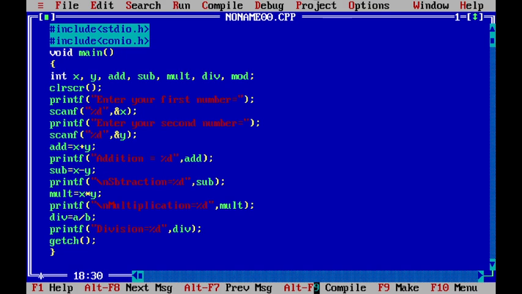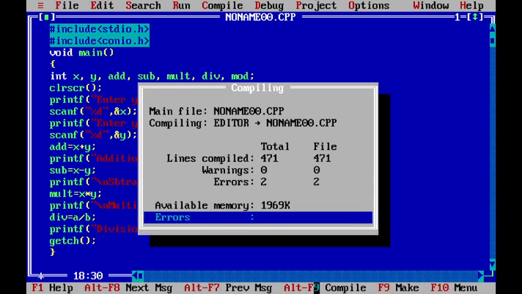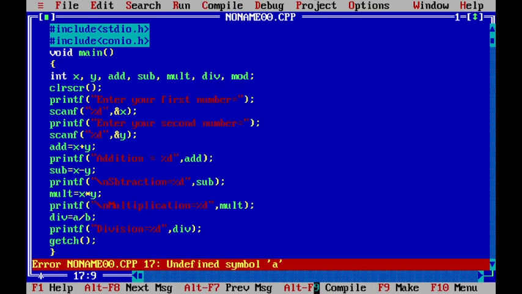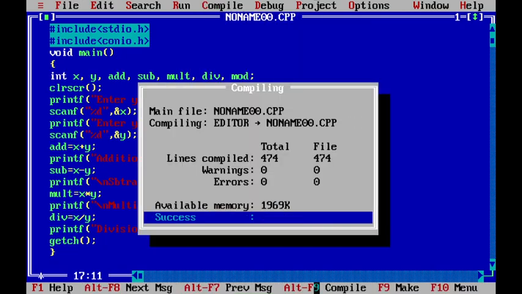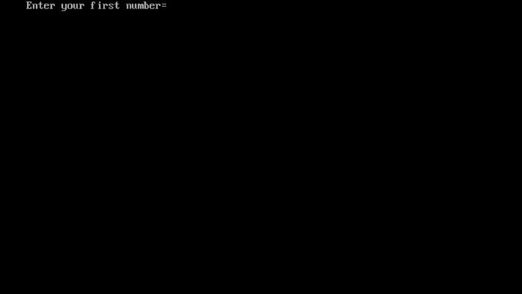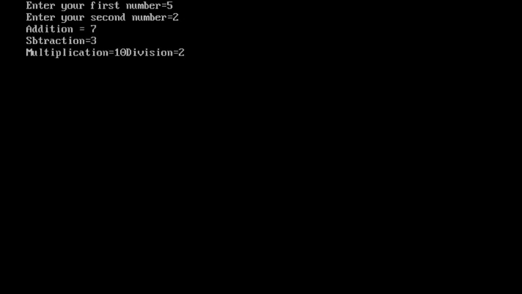Again if we compile, there are 2 errors, undefined, sorry, not a, we use x and y. For any two integers we use x and y. Now 0 errors. If you run with first number 5, second number 2, the addition is 7, subtraction is 3, multiplication is 10 and division will be 2, not 2.5.